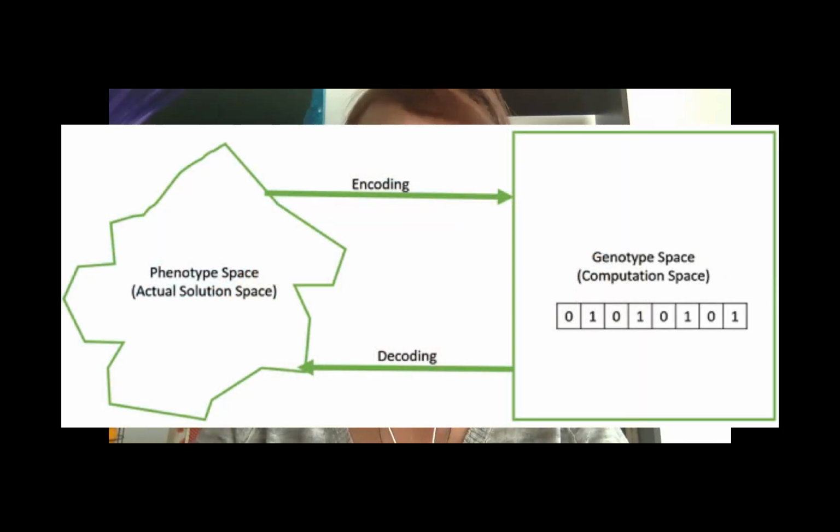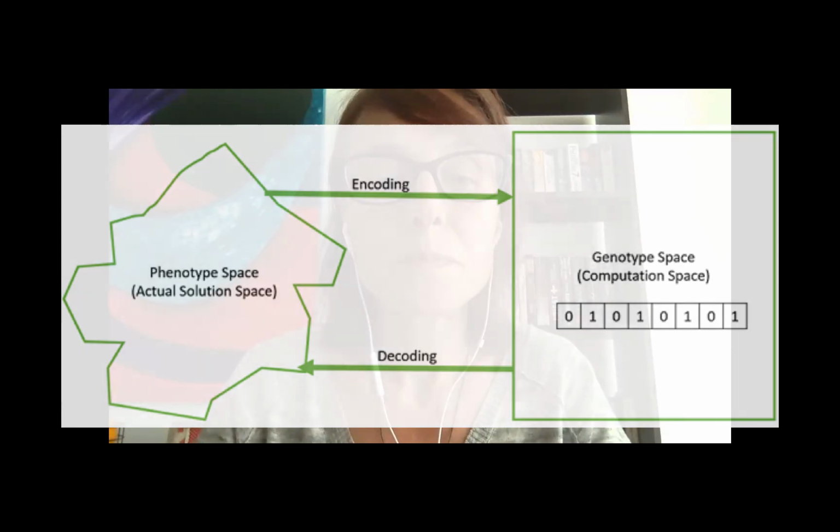A 0 at position x represents that the xth item is not picked, while a 1 represents the reverse. This is a case where the genotype and phenotype spaces are different. You can see here in the figure the phenotype and the genotype space.